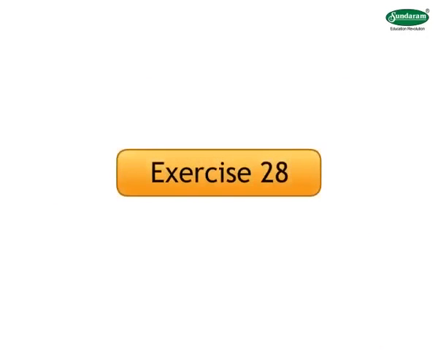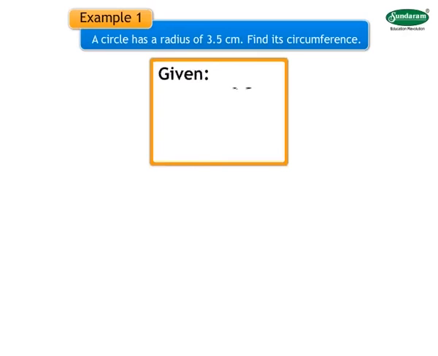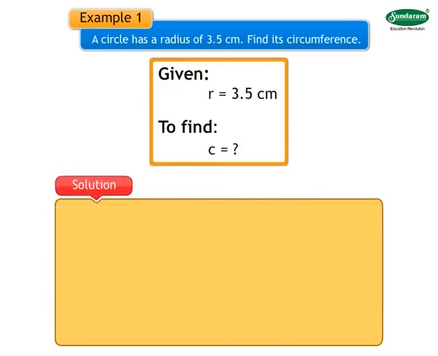Let us solve exercise 28, example 1. A circle has radius of 3.5 cm. Find its circumference. Given. R is equal to 3.5 cm. We have to find the circumference. Solution. When radius is given, we should consider the formula for circumference as C is equal to 2 into pi into R, where pi is equal to 22 upon 7.